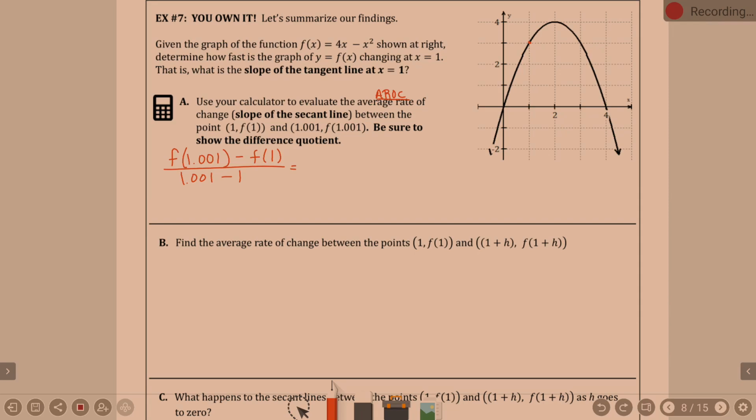Need to calculate for anything else? If you want, you guys remember how I showed you that? If I type this equation in here, 4x minus x squared, I just typed it into y5.